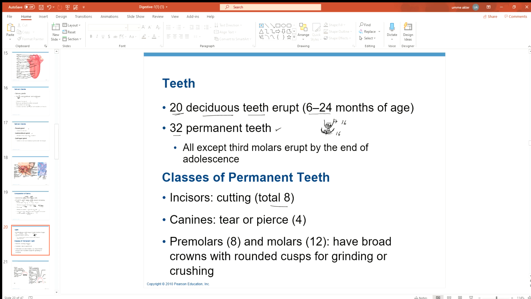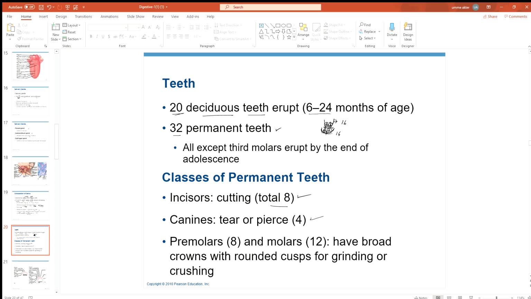Then you have total 4 canines. Those are sharp, pointed teeth, mainly to tear. So incisors are mainly to chop or cut. Canines are to tear the flesh-like food. So 1, 2, 3, 4. So you have total 4 canines.